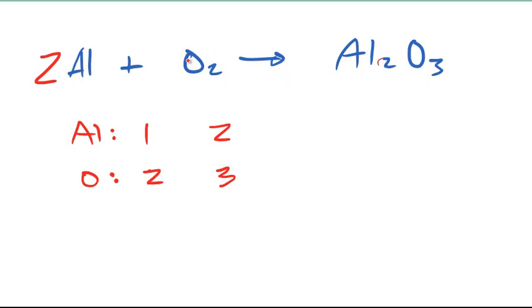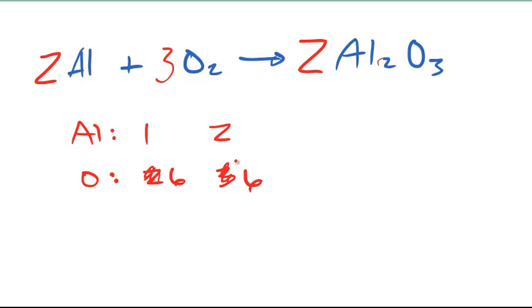So here you've got two oxygens on the left, 3 on the right. If you do crisscross, I'll take 3, put that here, take the 2 from here, put that there. Now let's look at what that does to the oxygen counts. We have 3 times 2 oxygens on the left, 2 times 3 on the right, which is 6.